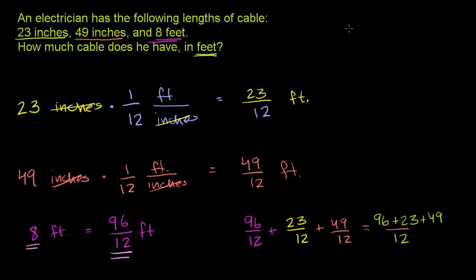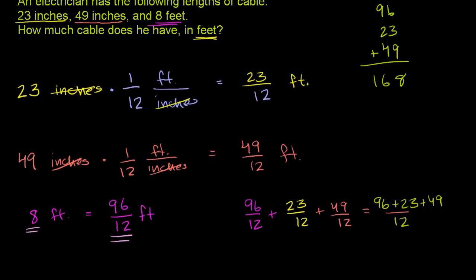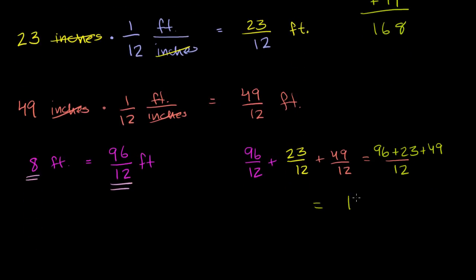Now let's add that up over here. 6 plus 3 is 9. 9 plus 9 is 18. 1 plus 9 is 10. 10 plus 2 is 12. 12 plus 4 is 16. So that's 168. This expression is equal to 168 over 12, which is a valid answer. Of course, all of these are in feet, so it's 168 over 12 feet.